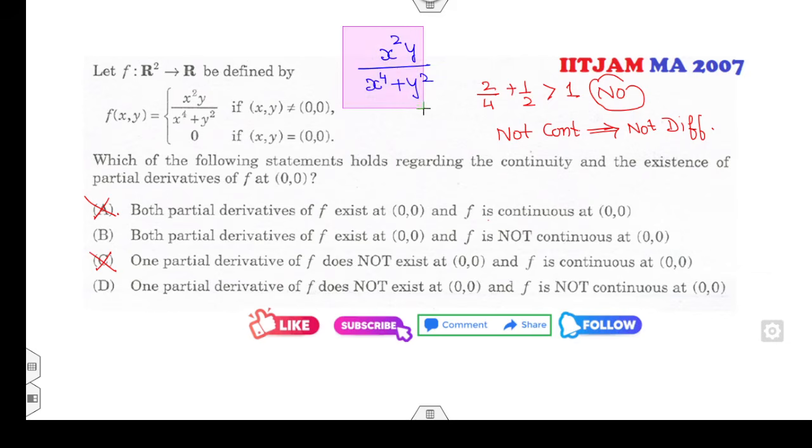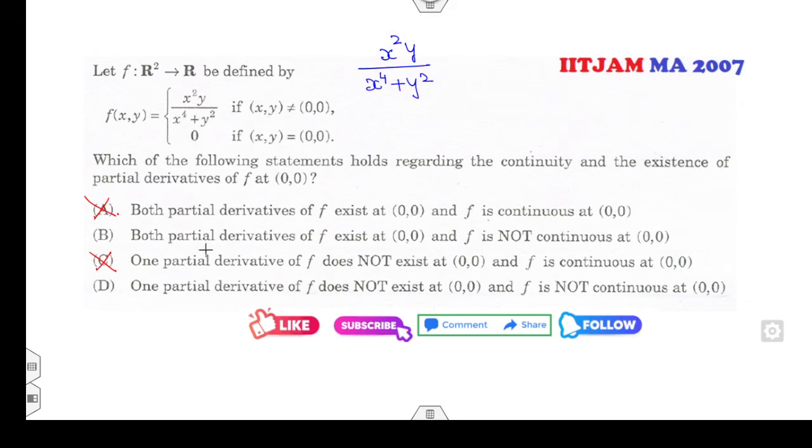Now they are talking about the partial derivative. Partial derivative of f exists, both the partial derivatives. First, let's take out f_x: f(x,0) minus f(0,0), divided by x. Whenever x approaches 0, this part is 0, whenever y is 0, so f_x will be 0.